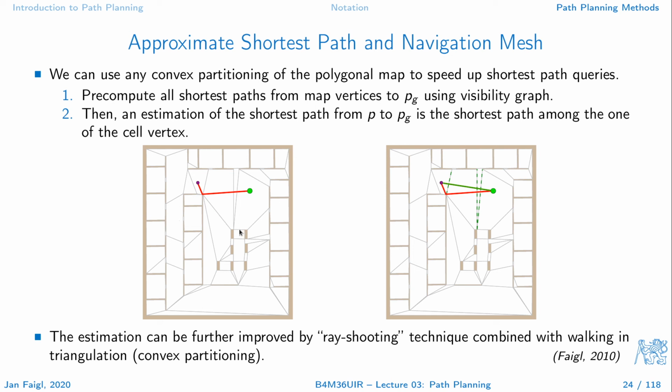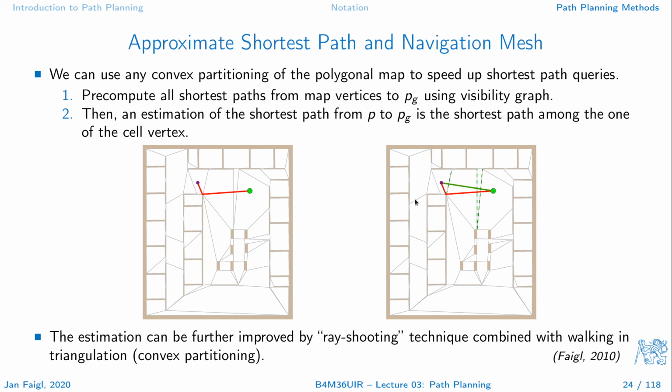These are convex cells, and once you have a point location, so you know that I am here and I would like to go there, you identify that your robot is in this cell, but because it's convex, there is always a feasible collision-free path from the location to the vertex of the convex cell, and then you can have a pre-computed path from the visibility graph to your destination. It can be pre-computed, similarly to the shortest path map.